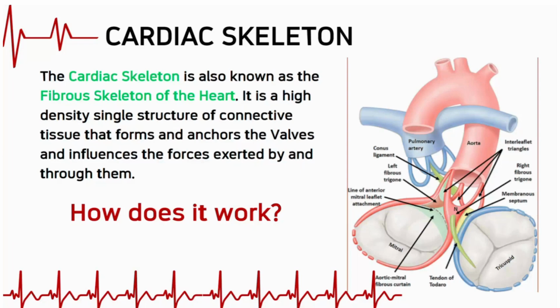This can cause things like impaired AV node conduction, and if there's impairment of conduction of a wave of depolarization, especially in the AV node, we can have conduction disorders like heart block.